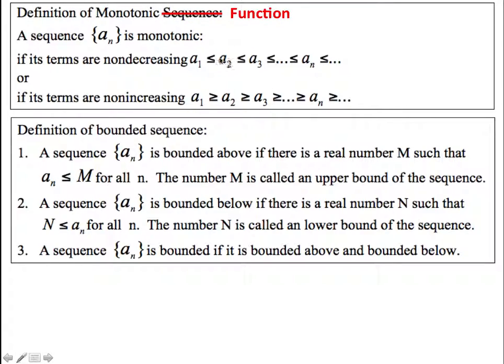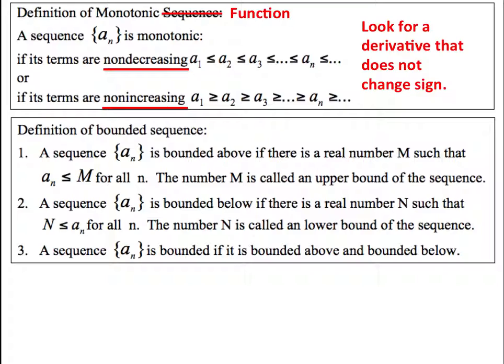We can think of the sequence as just a function, and non-decreasing basically means that if it's not getting smaller, it's either staying the same, which means with all the equal signs, or it's getting bigger. So this term is bigger than that term, and so on and so forth. You start out little, and you get bigger and bigger. Non-increasing is just reversing that. You start out big, and you get smaller and smaller, or you stay the same. In other words, you're not oscillating up and down.